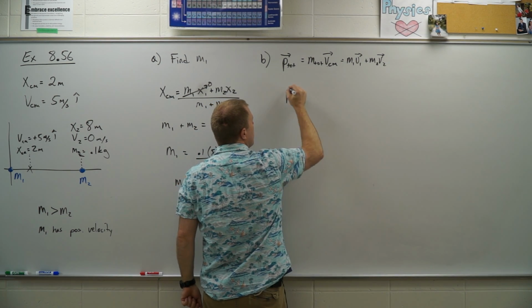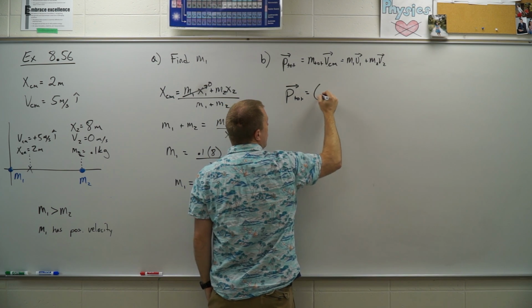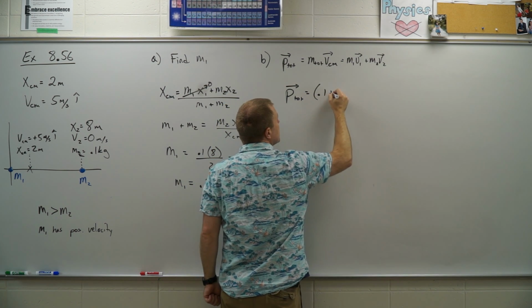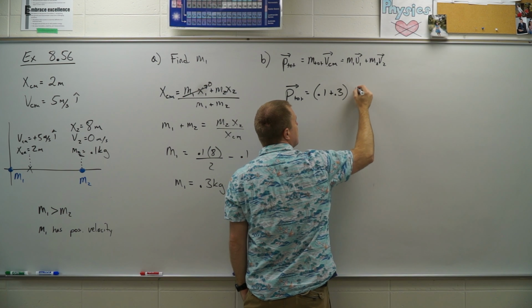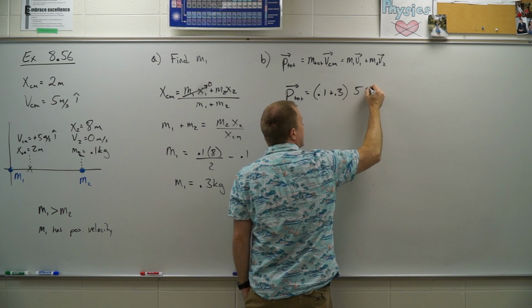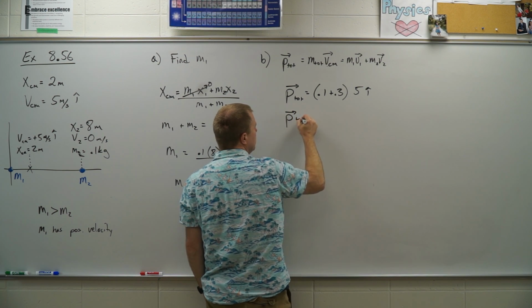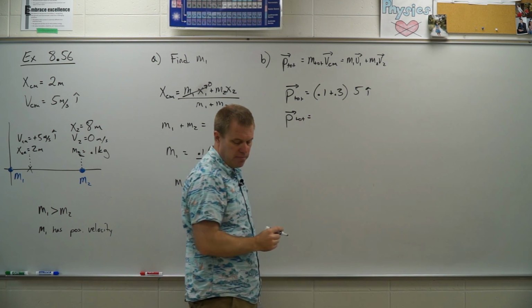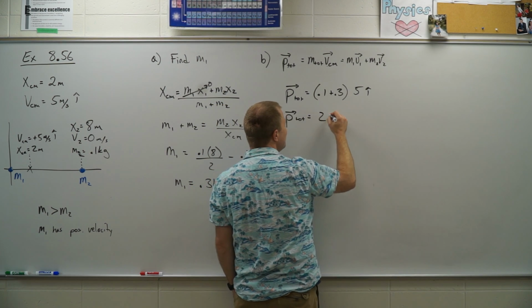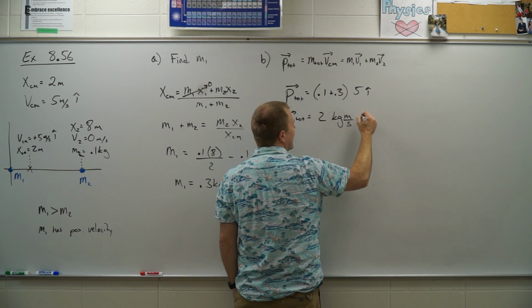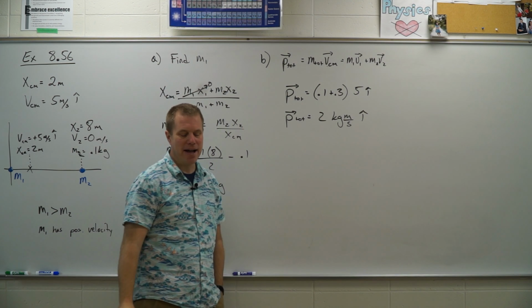So the total momentum is going to be my 0.1 plus my 0.3 to get the total mass times my 5 i hat. So I get 0.4 times 5, so my total momentum is going to be, well, I should have done that in my head, 2 kilogram meters per second i hat, and it's in the positive i hat direction.